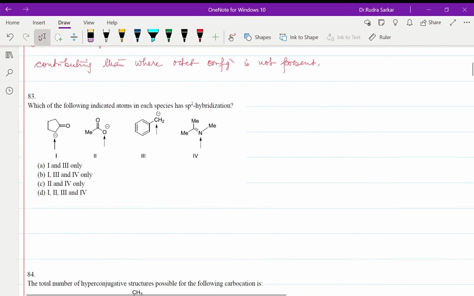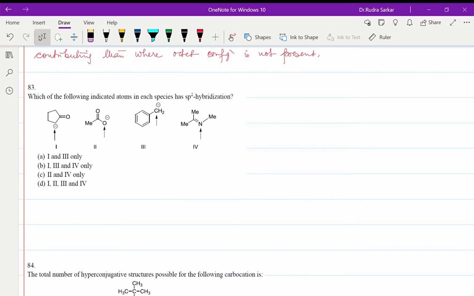The question out here in 83 is which of the following indicated atoms in each species has sp2 hybridization?